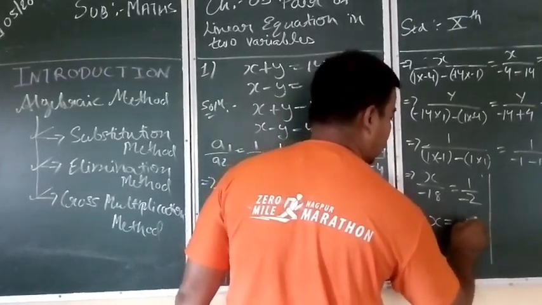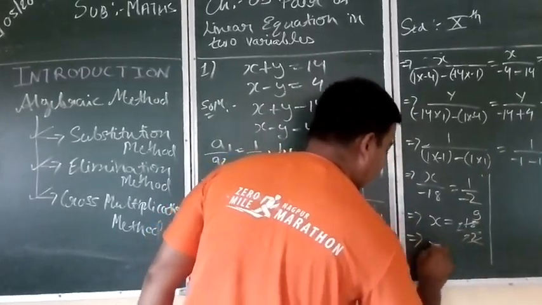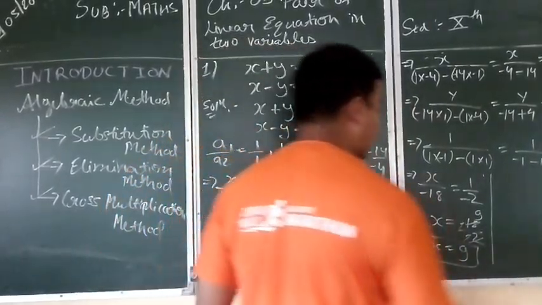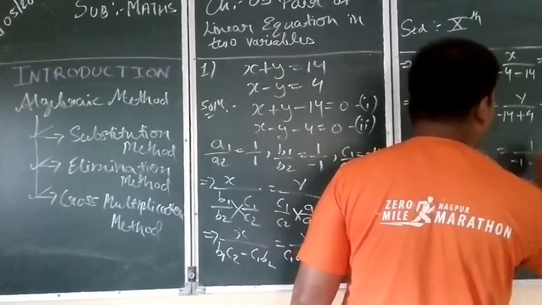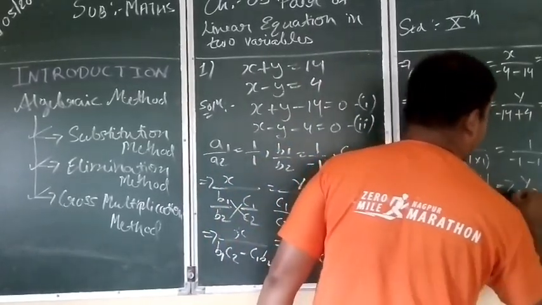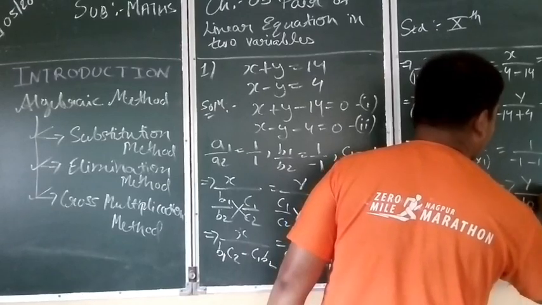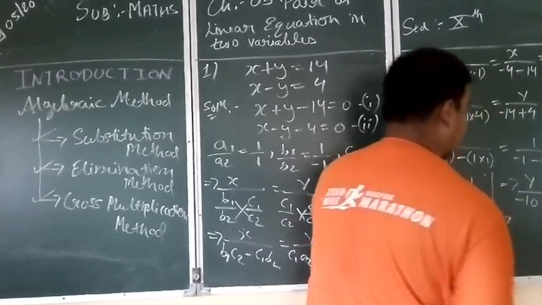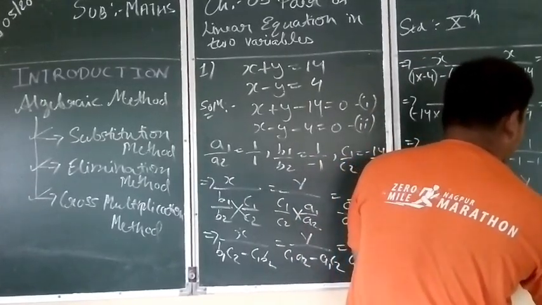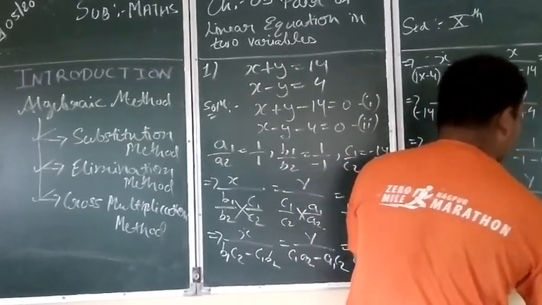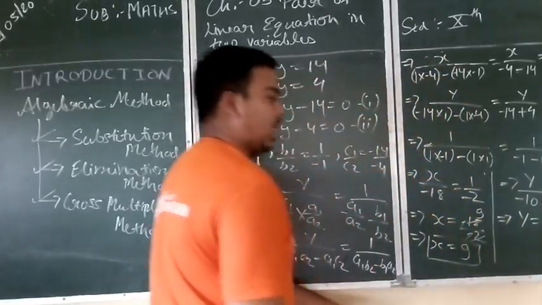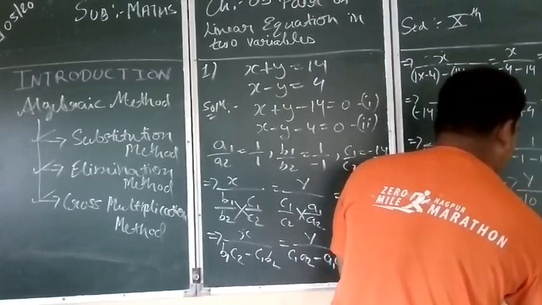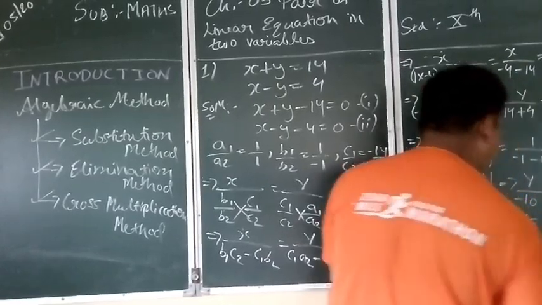Minus minus cancel, 2 nines are 18. x equal to 9. Okay? And suppose we find the value of y. You take these two: y by minus 10 is equal to 1 by minus 2. Again cross multiplication, y is equal to minus 10 by minus 2. Minus minus cancel, 2 fives are 10, and y is equal to 5.